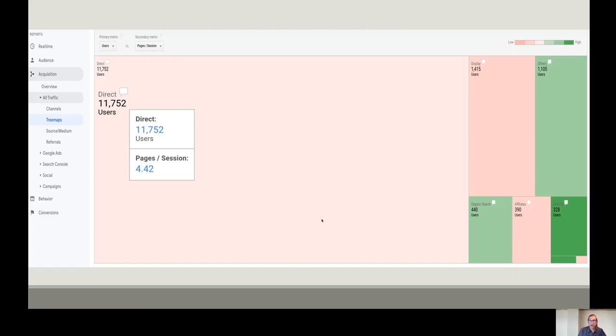Now, if you look towards the right in this report, you can see that the pink color shows you the low side of the secondary metric. And as you move towards the right, we go into green and darker green. And that tells you that the pages per session increase as you see that color. So, in the organic searches, even though we had only 440 users, the pages per session are likely to be much higher.